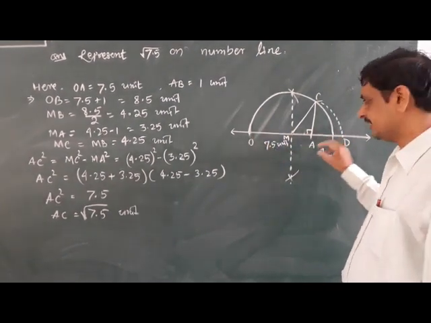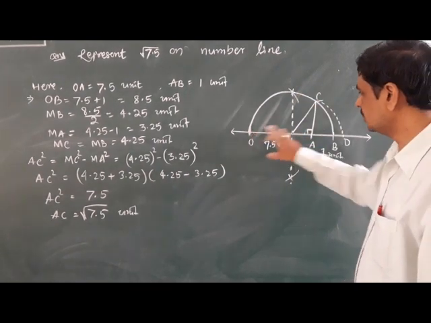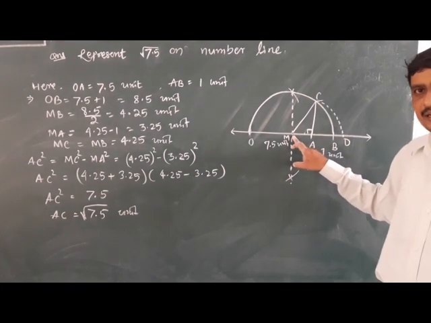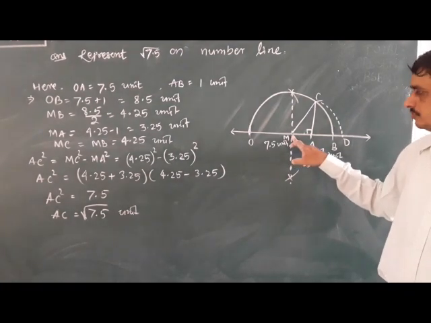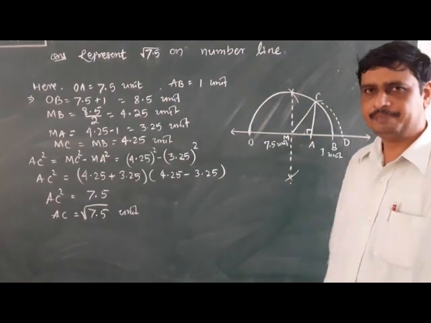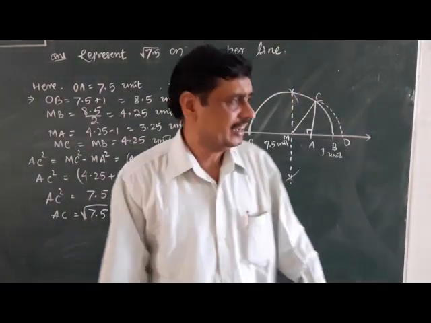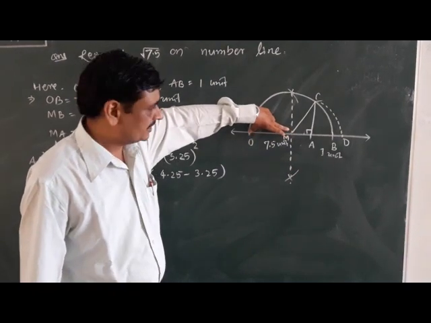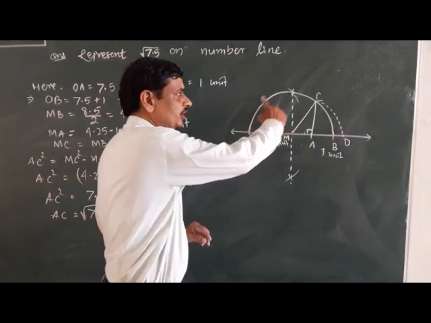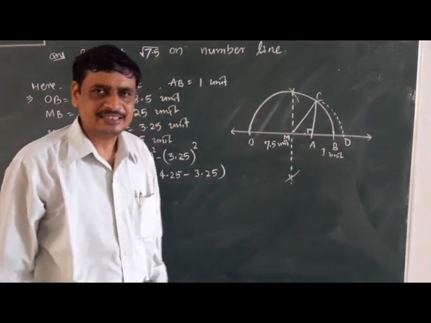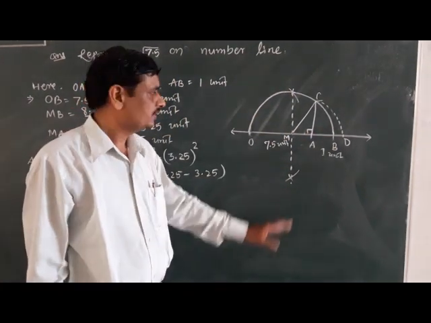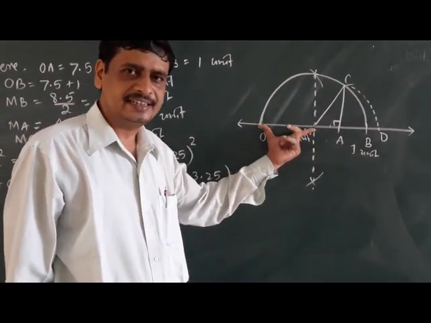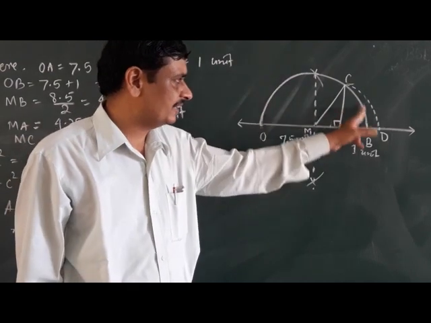This perpendicular bisector of OB is passing through the number line at the point marked M. Now take this point M as center and MO as radius, and a semicircle is drawn.